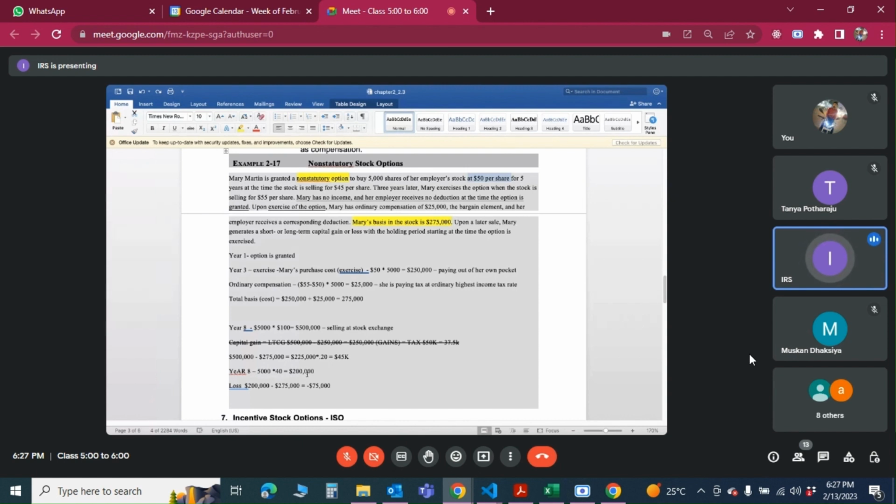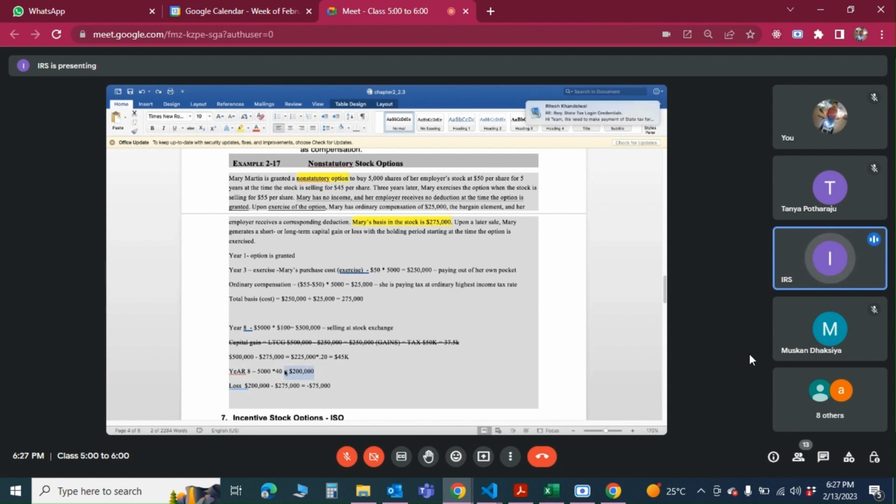Suddenly the situation changed. Now that $55 per share became $40. So she wants to sell in year 8 because she's thinking, maybe from 40 it will go to 30 or 25. Let me just sell whatever I have, so at least my losses will be less. So she's selling everything at $200,000.